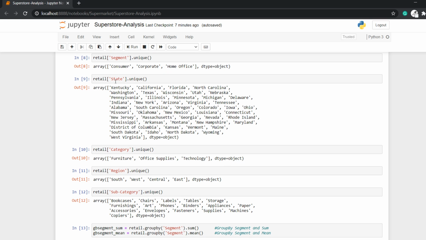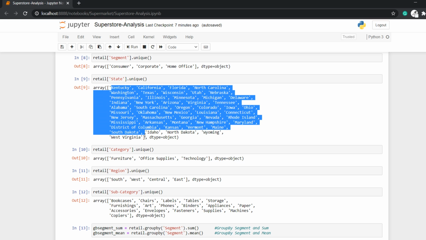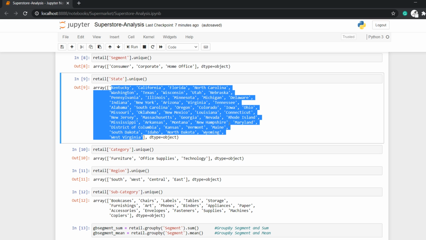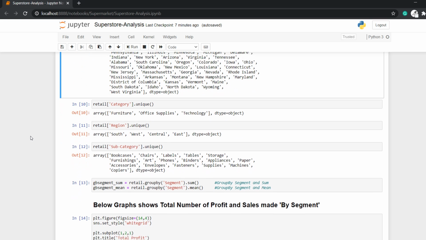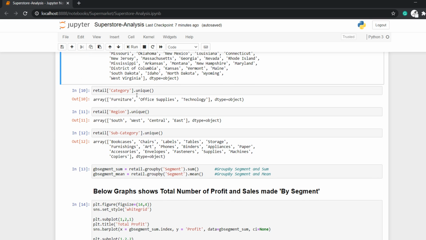Here we have listed out all the states that are available in the given data. So in total there are 49 states in here, but in actual there are 50. So one of the states is missing, that we will see further. In category, the unique values are furniture, office supplies and technology.